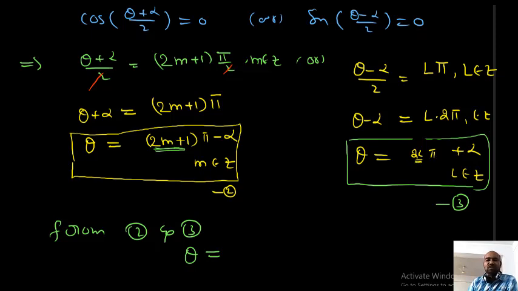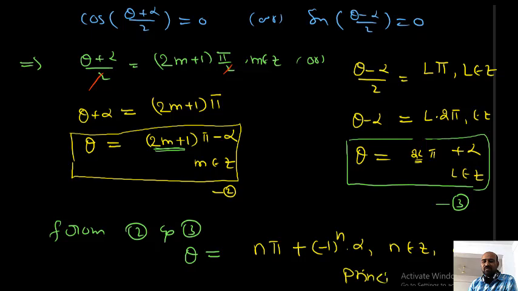Now I want to mix these two. What I can say: theta equal to n pi plus minus 1 power n into alpha, where n belongs to Z and alpha is a principal solution. Students, here how I generalized, that is important.